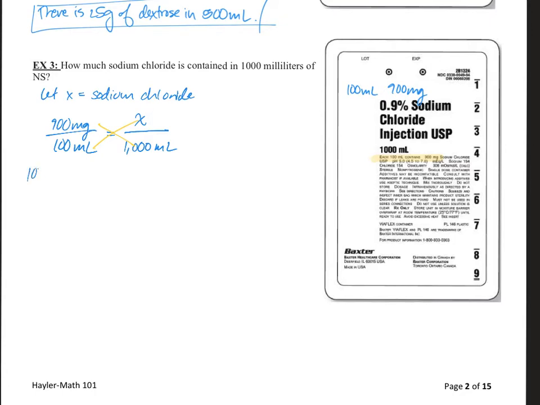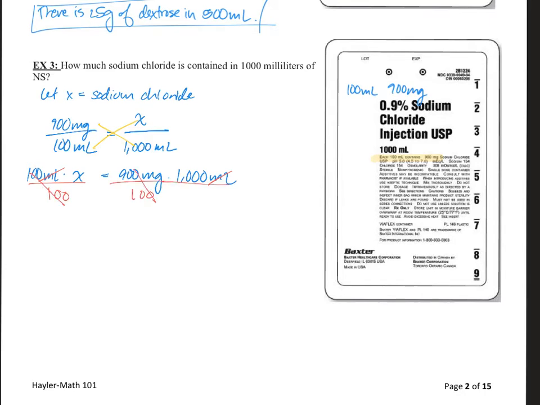So we have 100 milliliters times x, which equals 900 milligrams times 1,000 milliliters. Okay, we can go ahead and cancel the milliliters, and let's divide by 100 at the same time.